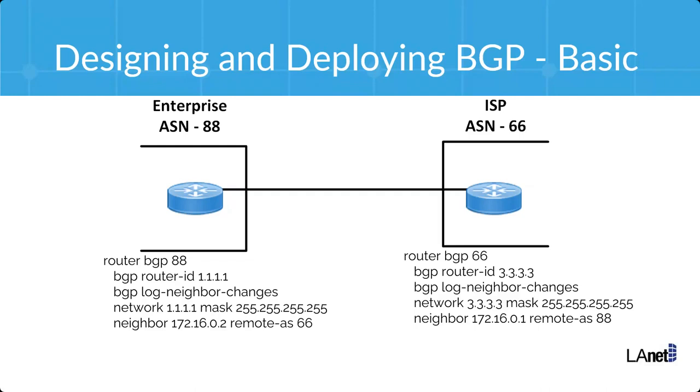When you add networks into BGP, we do it with the network and then the mask of whatever the interface would be. If you wanted to do summarization, you use a different command called aggregate-address. I don't cover aggregate address in this session, but it's very simple. It's one command. If I had a whole bunch of networks and I wanted to send them out as a single summarized network, I could do something like aggregate-address 10.2.0.0 mask 255.255.0.0 or something, and it would send it out as a /16.